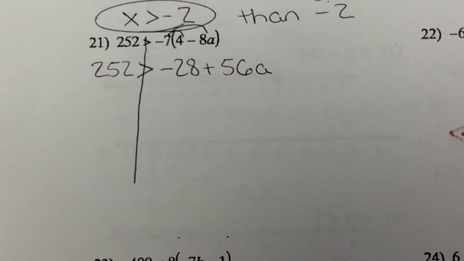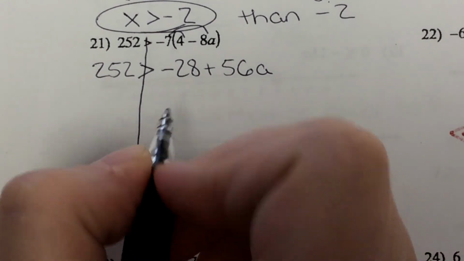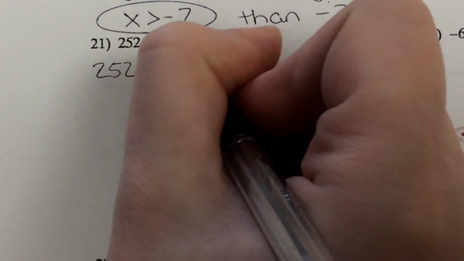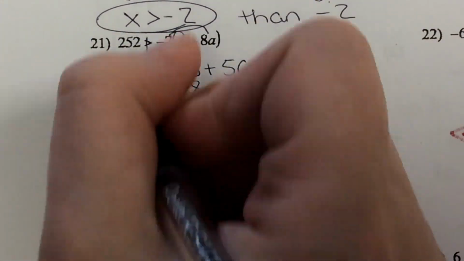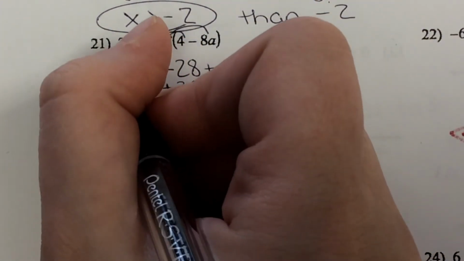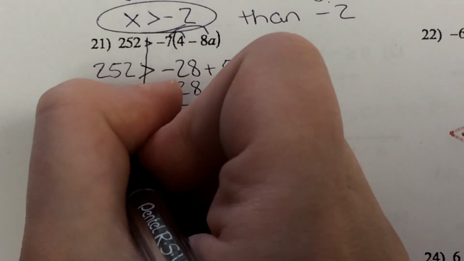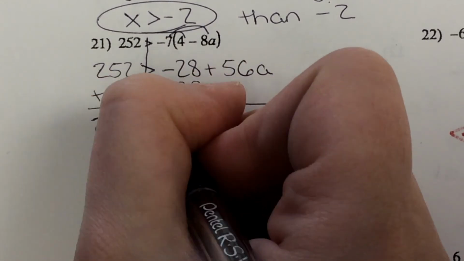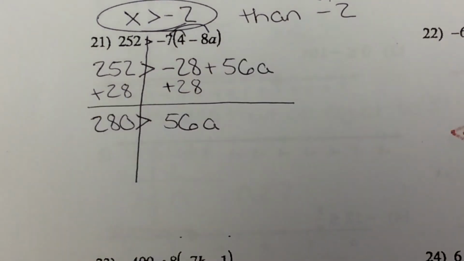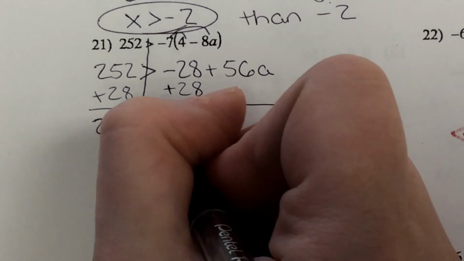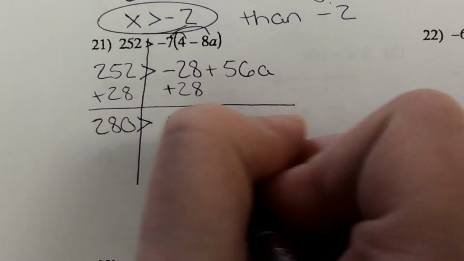Okay. Now let's go ahead and keep going with our solve. Plus 28, plus 28. So we've got 280 is greater than 56a. All right, 280 divided by 56, because we need to divide to solve for a.